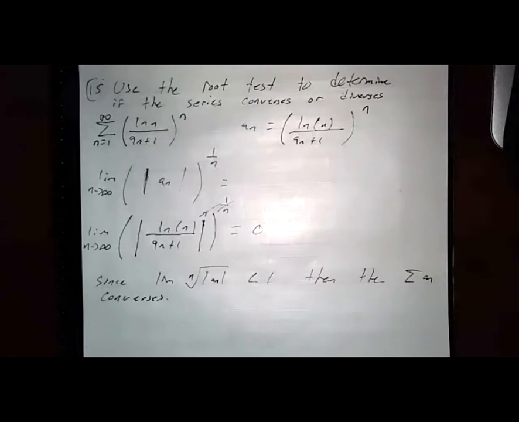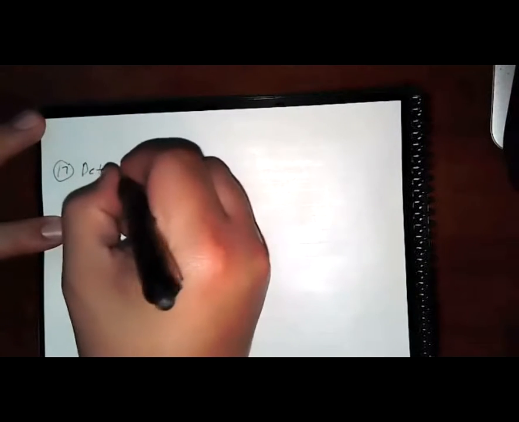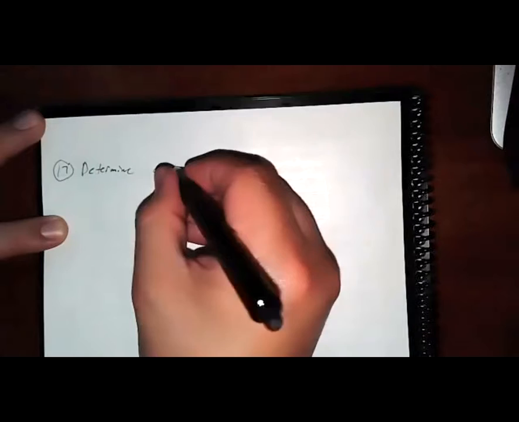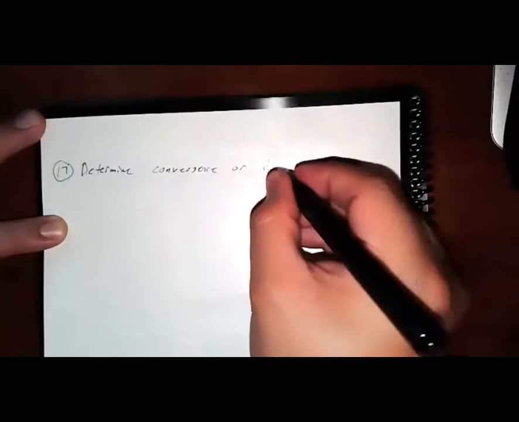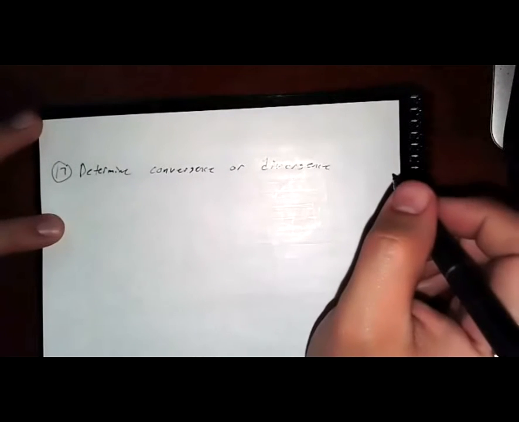It just says to determine convergence or divergence. Pretty much every single question in chapter 9, I think.